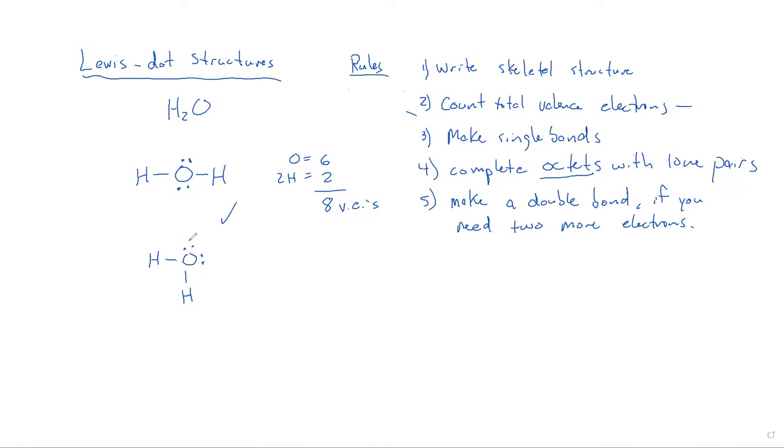And to tell us what shape the molecule takes on, we're going to use valence shell electron pair repulsion, because electrons come in pairs. They're either lone pairs or bonding pairs. You have a lone pair or a bonding pair.